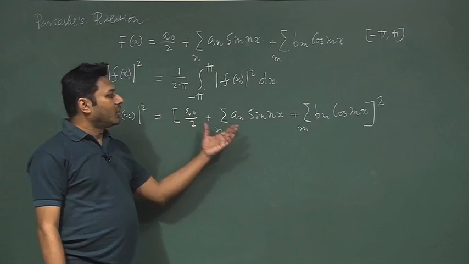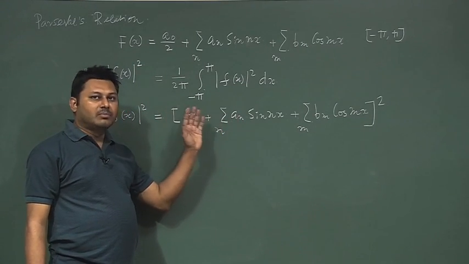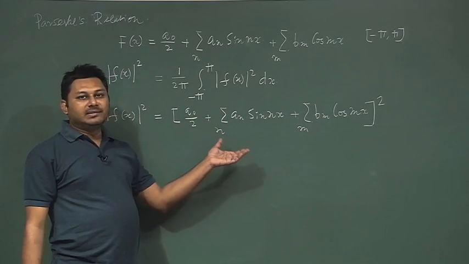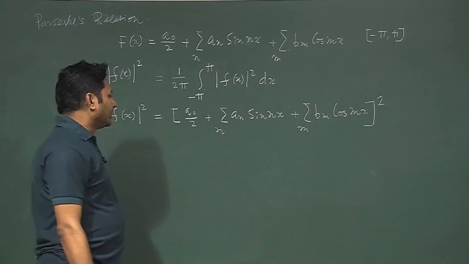But even if it is not real, if it is complex, if you take the mod, the procedure will remain the same, the way we will do it is the same.